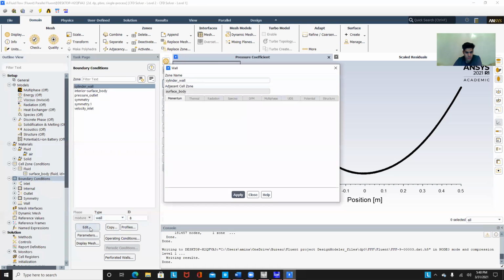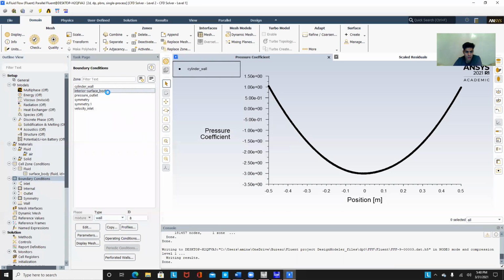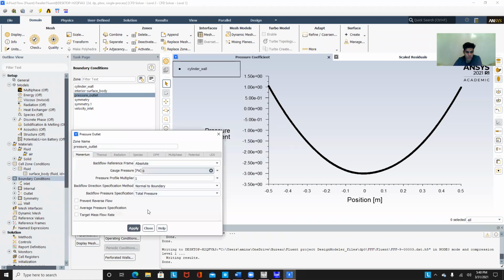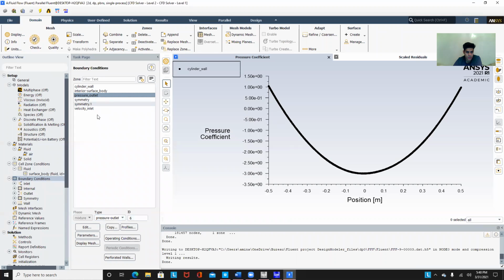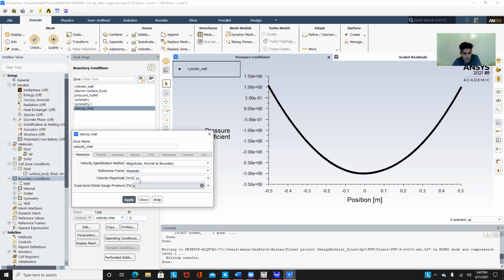If we go to the cylinder wall, we can't change the rotation, the speed of rotation, the rotating cylinder. We can't change that. Pressure outlet should be the same, right? And for the velocity inlet, obviously we need to keep the same velocity magnitude.